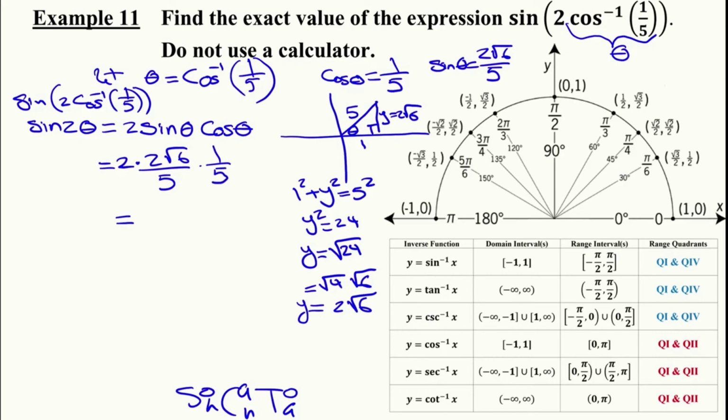So now we end up with 4 radical 6 over 25, and we are basically finished with that problem. All right, so that's a really good problem. Make sure you understand the different aspects and that you can carry this on your own with no help needed.